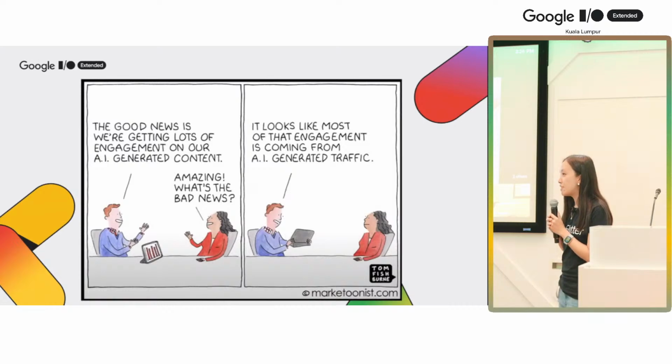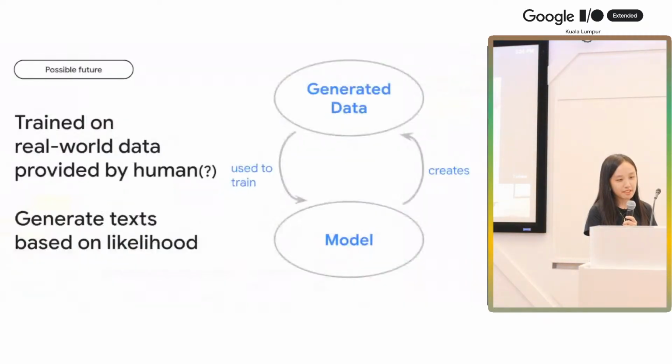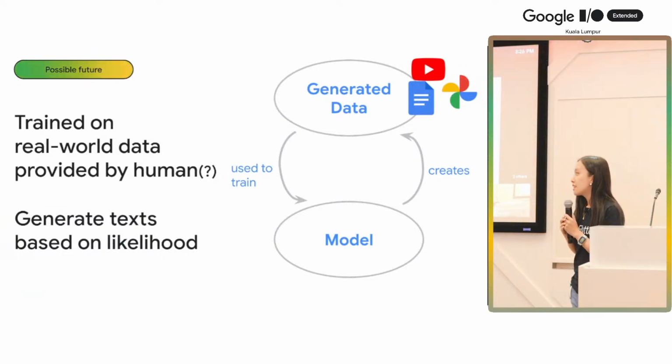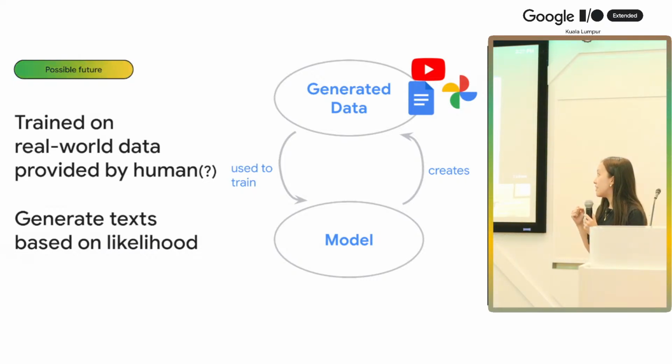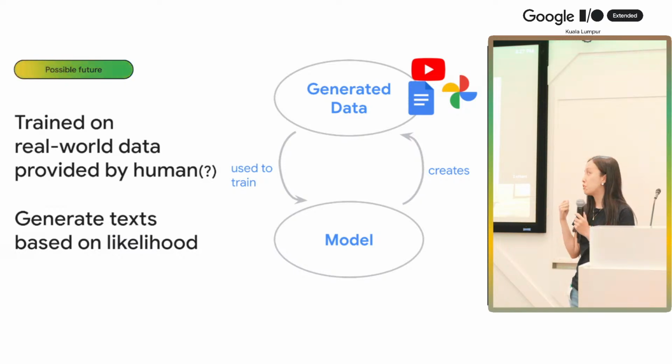This happens in a lot of use cases, especially in marketing, where you just need some text and images, right? Why I show you this is because maybe in the near future, or maybe it has already started now, you have to doubt: are these LLMs trained on real-world data provided by humans? Or do they just take the generated data, and since it is published to the web, that generated data would also be used to train?